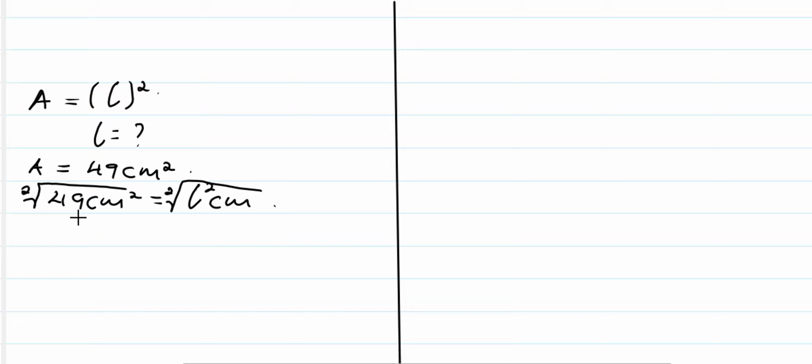The square root of 49 is 7, and the square root of centimeter squared is just centimeter, because the square root eliminates the square and the centimeter remains, equal to length. So one side of the square will be 7 centimeters.